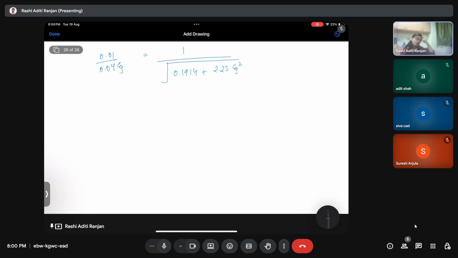If we square both sides, we are going to get 16 eta square is equals to 0.1914 plus 2.25 eta square. So when we take it over here, 16 minus 2.25, eta square is going to be 0.1914. Eta will be nothing but 0.1180. This is the value of the damping constant.